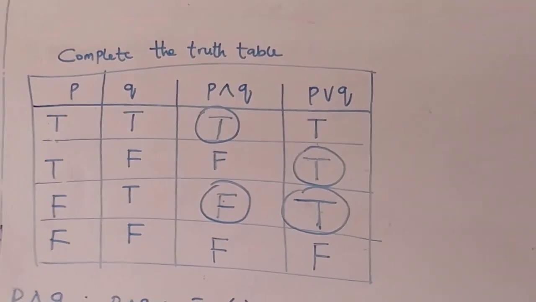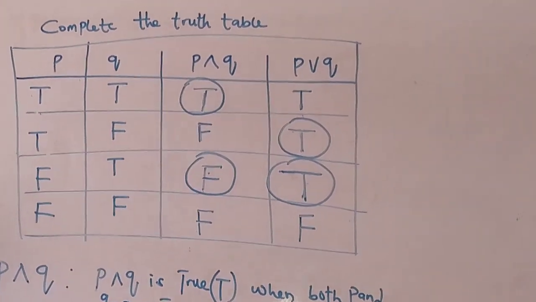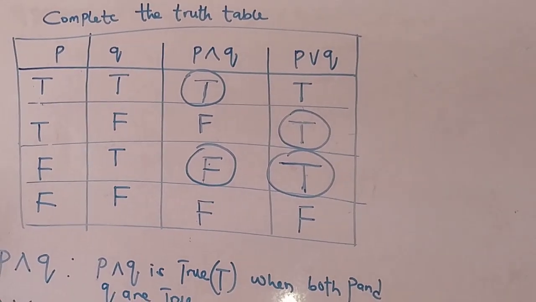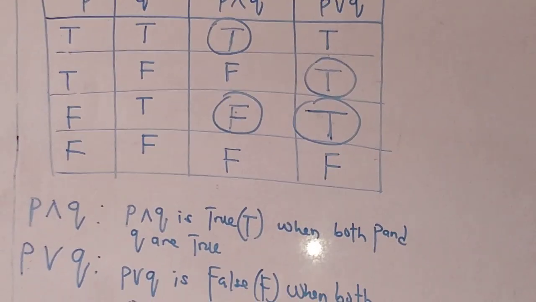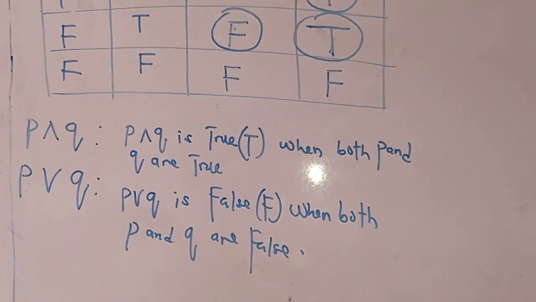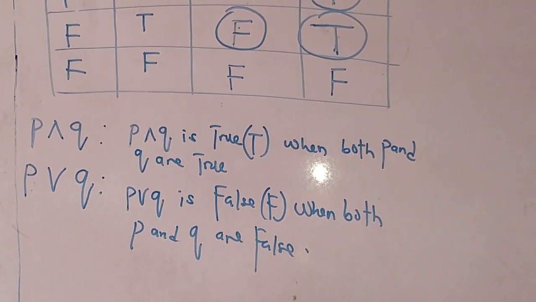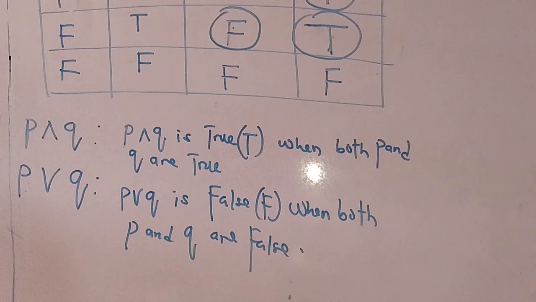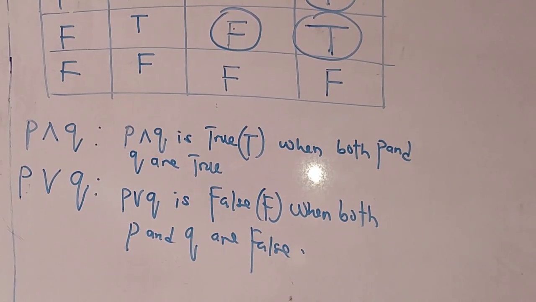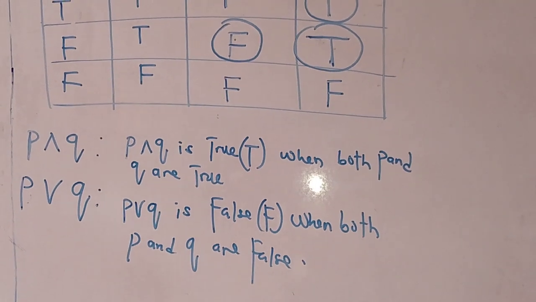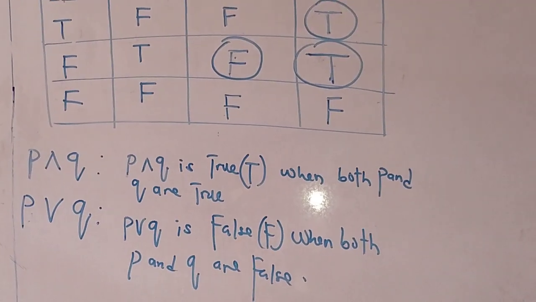So that is how to answer a question like this. You must know the rule guiding conjunction, you must know the rule guiding disjunction, you must know the rule guiding conditional or implication, if then, then biconditional, if and only if.